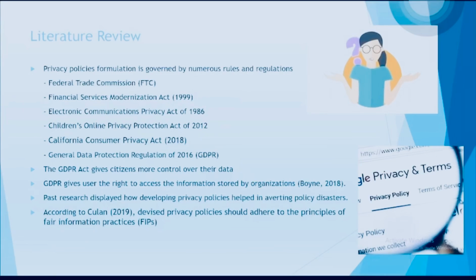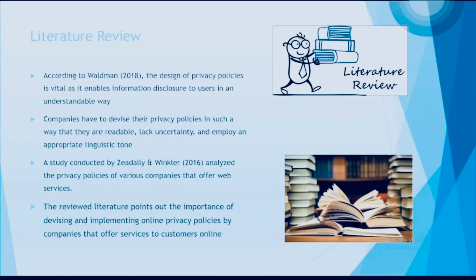But these rules created a lot of trust for users, and many big analysts have spoken about these policies. Because of these policies, the manipulation of our data was decreased.